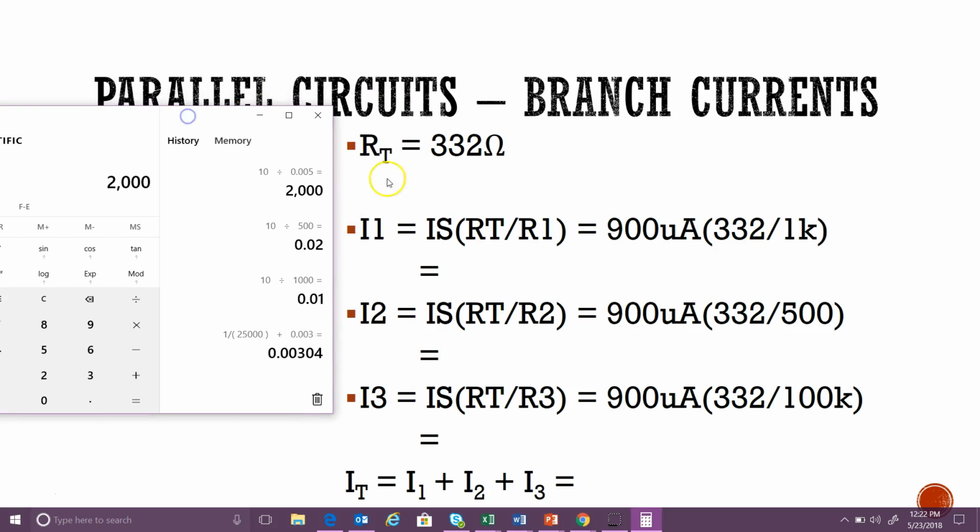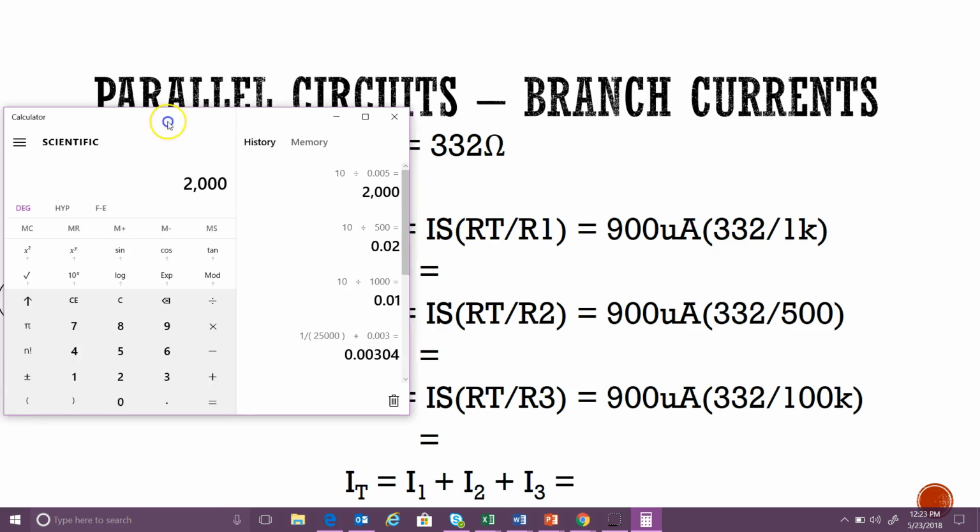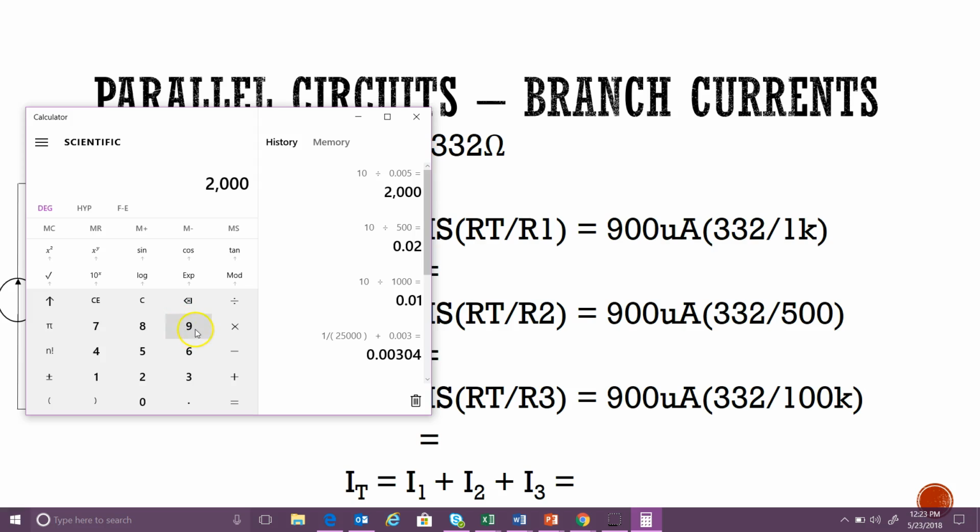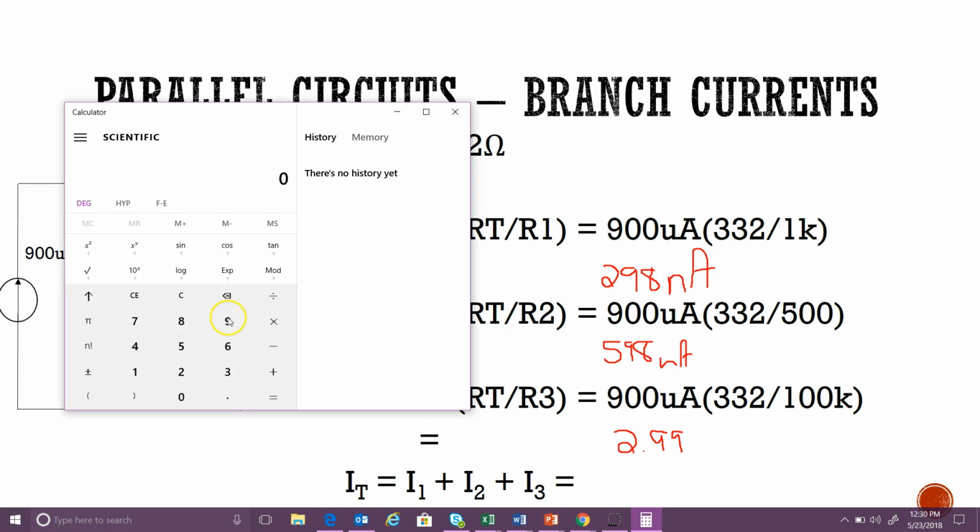Now the current divider rule works a little different than the voltage divider rule. Instead of putting the resistor you're solving for on top, we actually put it on the bottom and the total resistance goes on top. So I have my source current, 900 microamps, E negative 6.